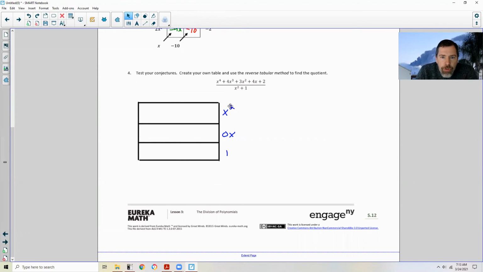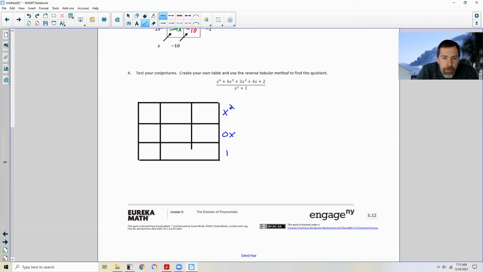All right, so I'm taking 1, 2, 3, 4, 5 terms. Is it going to be 3 or is it going to be 4? So think about this. If it is 3, this square is going to give me 1 value. There's 2, there's 3, there's 4, there's 5. So we need a 3 by 3.